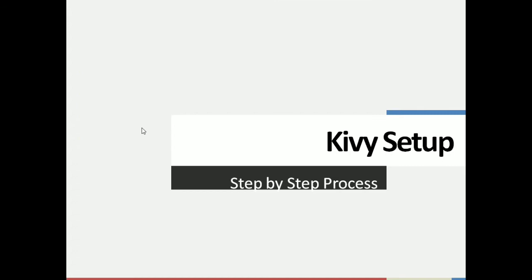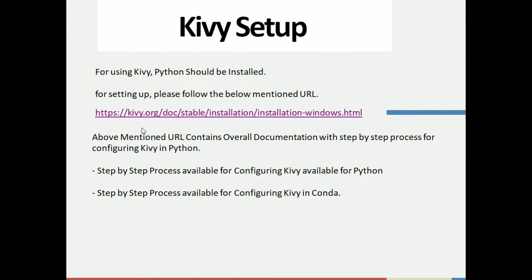So the first step of installing Kivy is we need to have Python installed in our system, as Kivy is a Python library. So in order to install Kivy, we need to have Python installed first. For setting up, please follow the below mentioned URL.